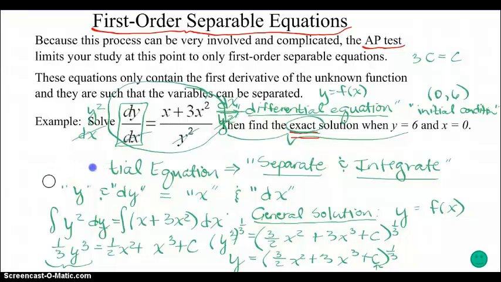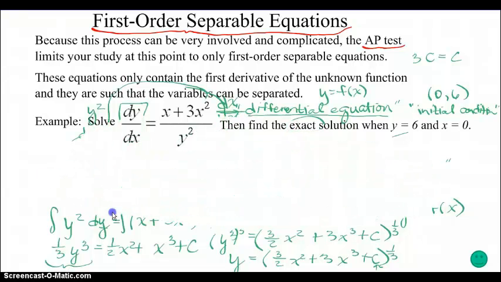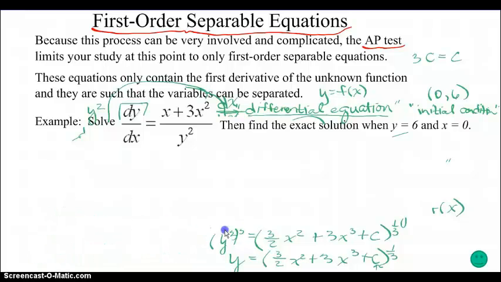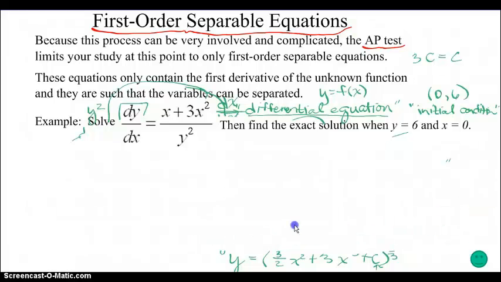I'm going to get rid of some of this stuff here and try to leave my general solution there so I can work from that. All right, now we want to keep going because we want the particular or exact solution, and that's where we use this xy point.